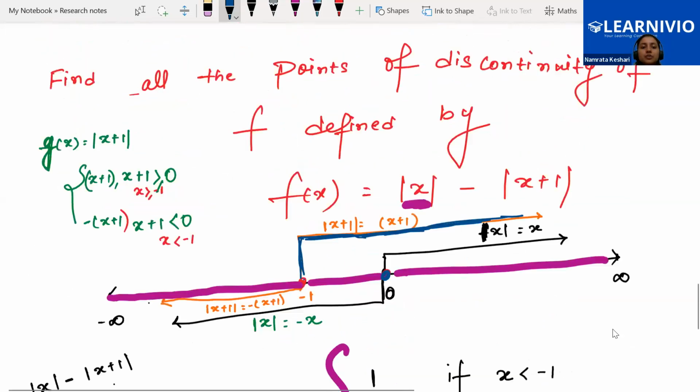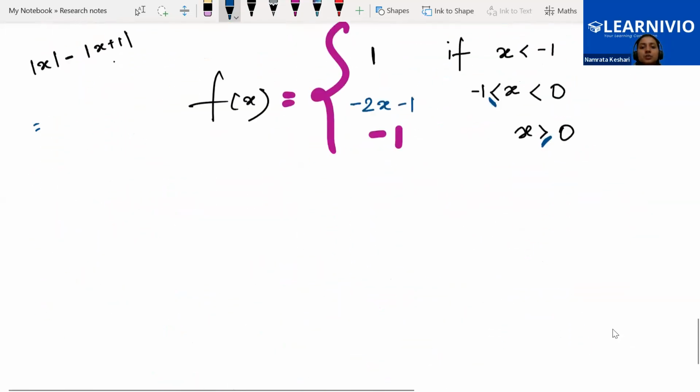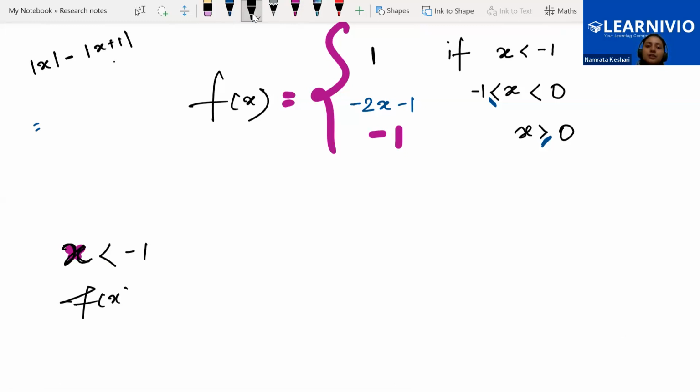What was the question? Find the point of discontinuity. This type of question we have done, right? Yes. Basically here we need to check at -1 and at 0. When x is smaller than -1, then f of x is what? 1.